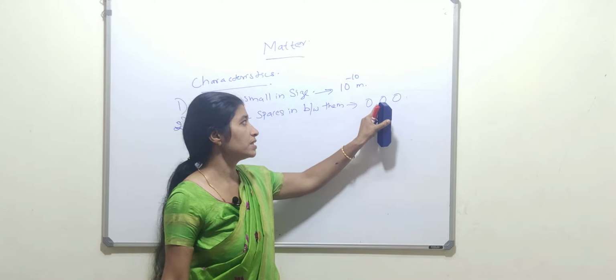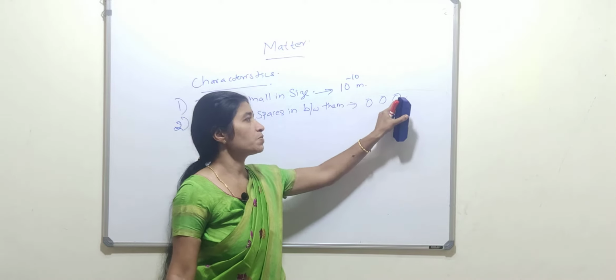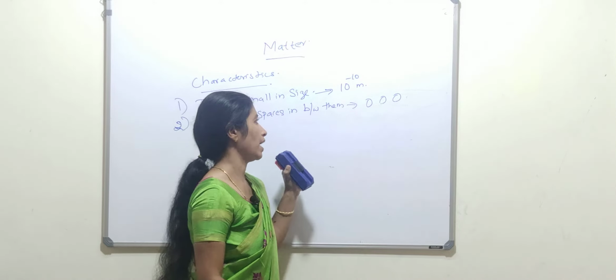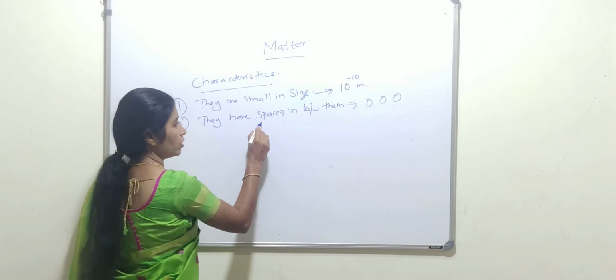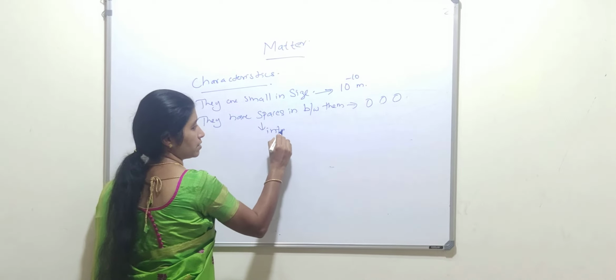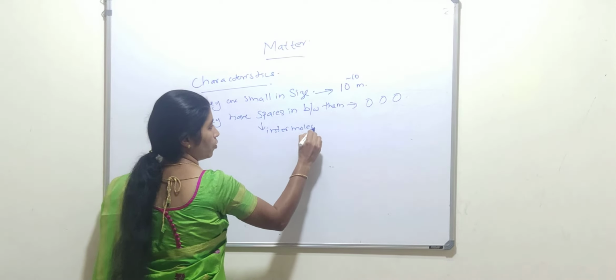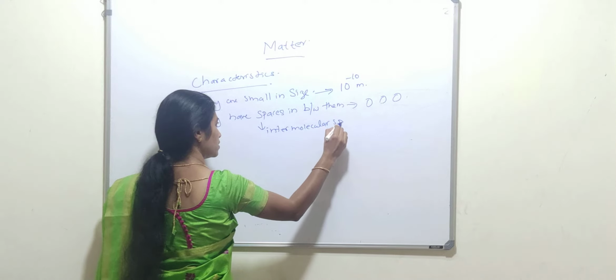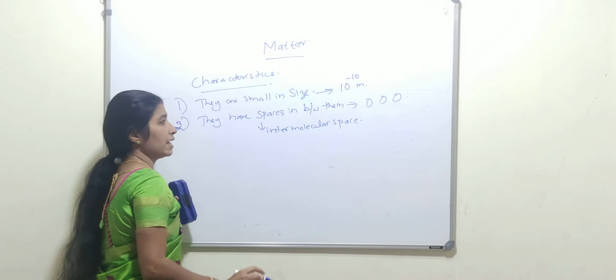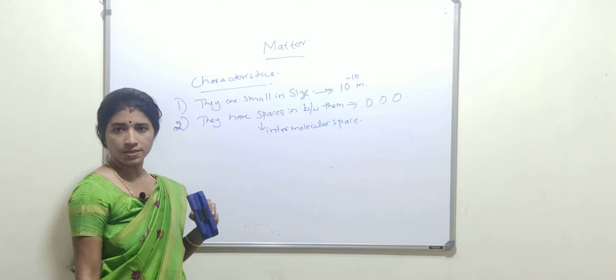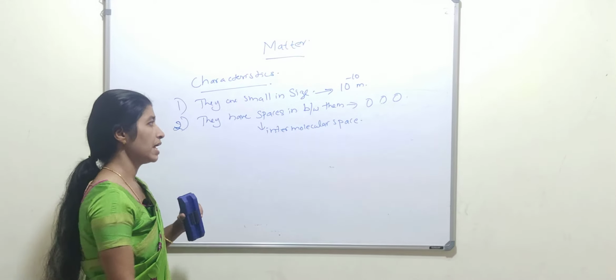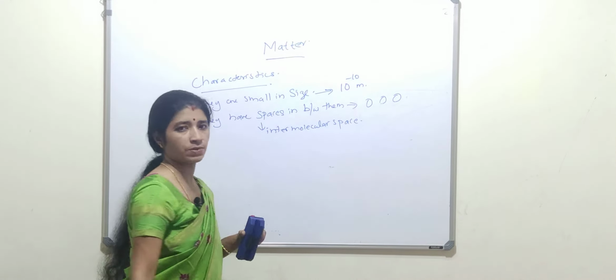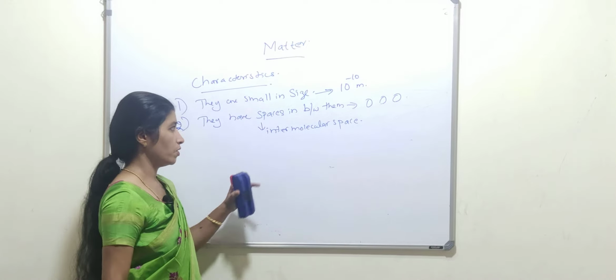So these molecules have small spaces between them, and that space is called intermolecular space.